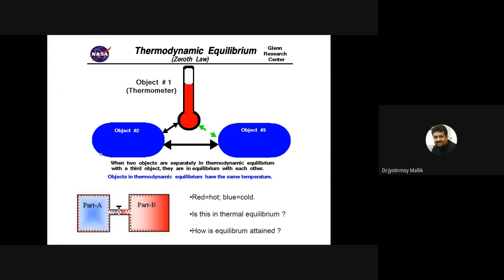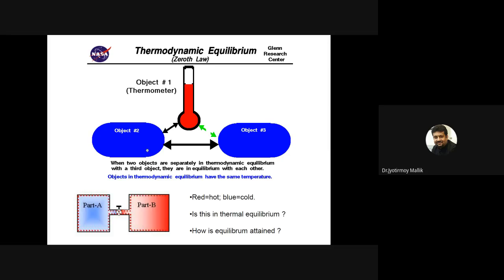Suppose I have object 2 and object 3, and I see my object 2 is in thermodynamic equilibrium with object 1, which is my thermometer, and object 3 is also in thermodynamic equilibrium with object 1. What do I mean by thermodynamic equilibrium? That means they have the same temperature and hence there is no heat flow occurring between them.